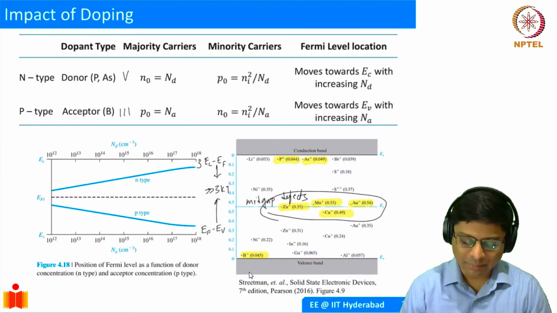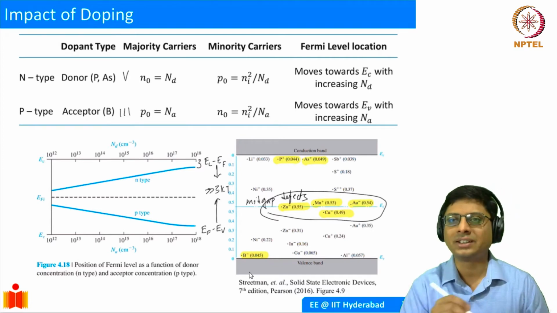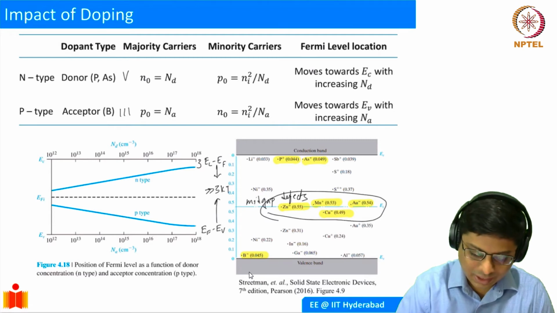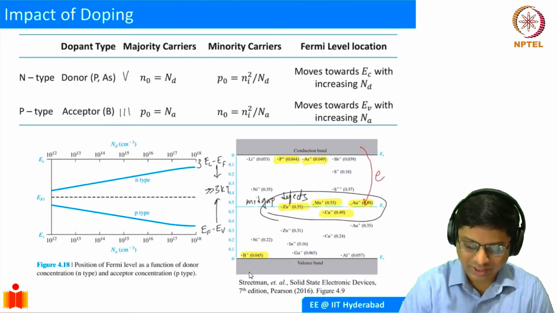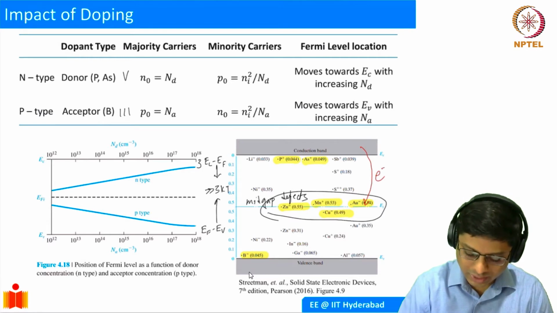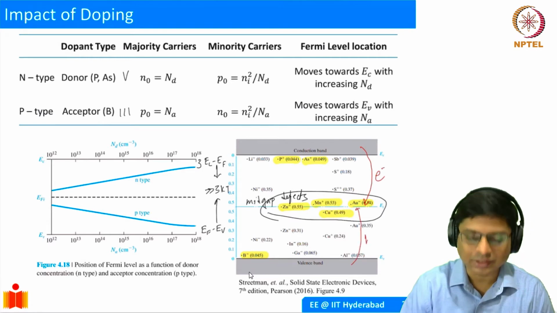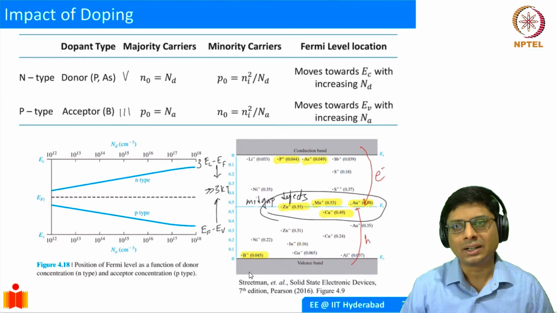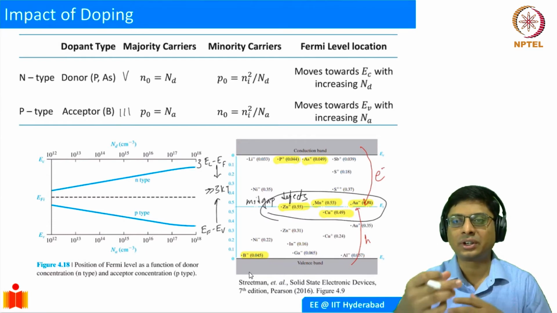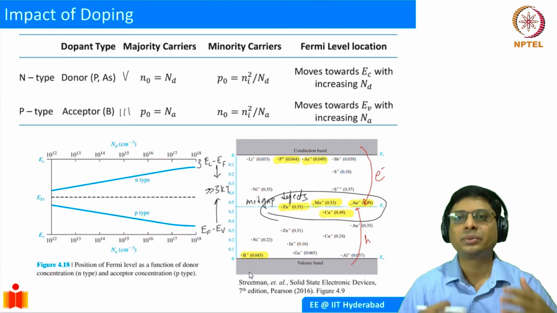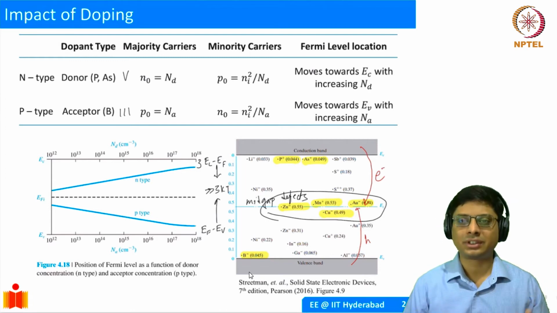It so happens that if you have a trap center right in the middle, it can trap an electron from the conduction band. Similarly, it can also trap a hole from the valence band. Because the energy differences now are only Eg by 2, whereas in the previous case for electron and hole to recombine the energy difference was Eg and it was less probable.